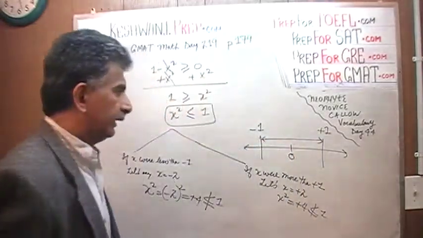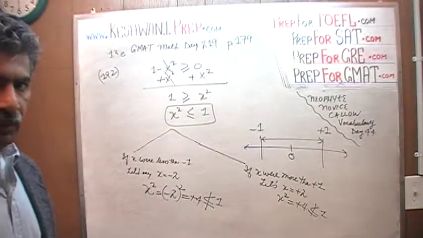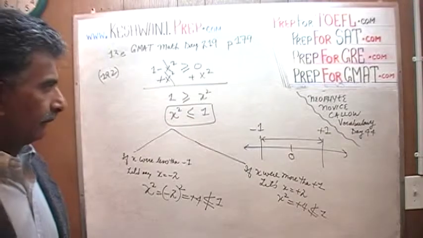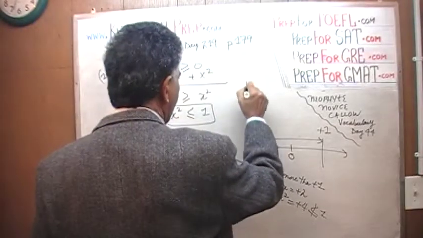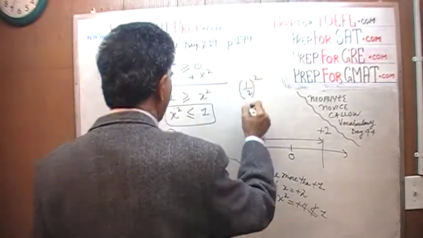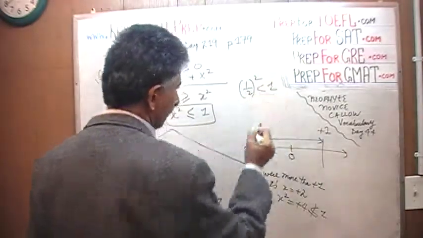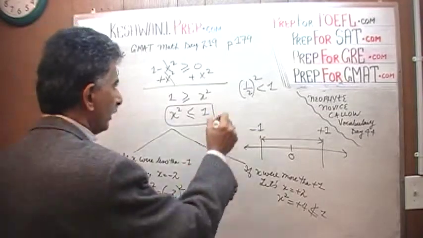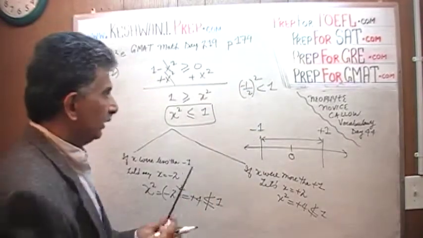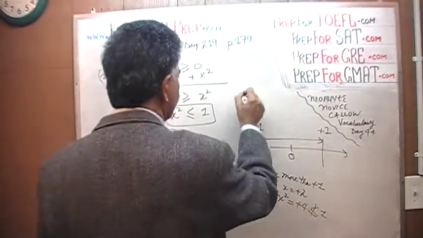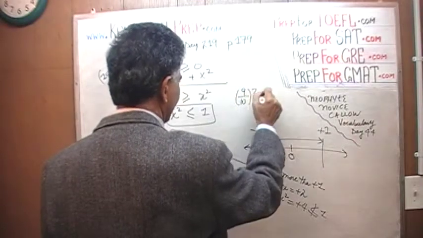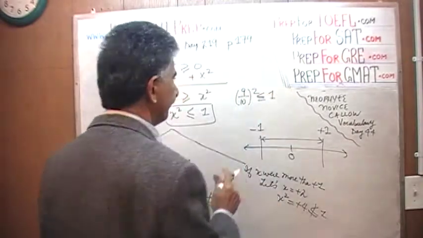Anything that falls in this region, if you were to square it, will be less than 1. For example, the square of a half is less than or equal to 1, which is true. The square of a negative half is less than 1. The square of 9/10 is less than 1.